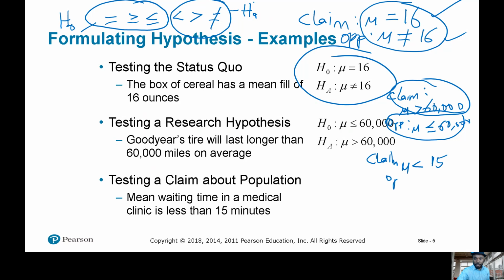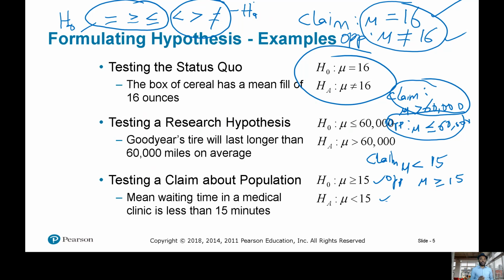The opposite will be mu is greater than or equal to 15. Looking at this, the opposite is the null hypothesis, and the claim is the alternative hypothesis.